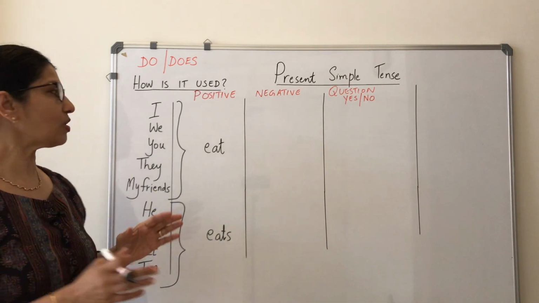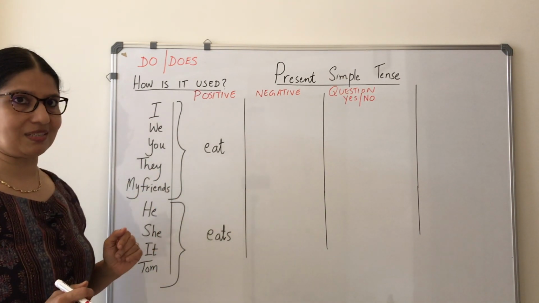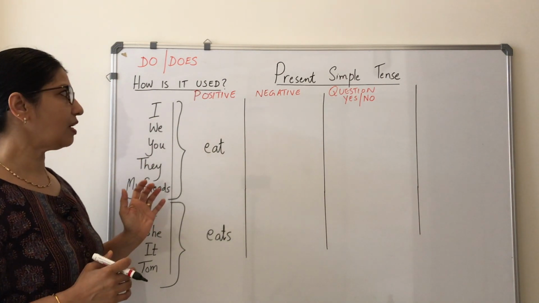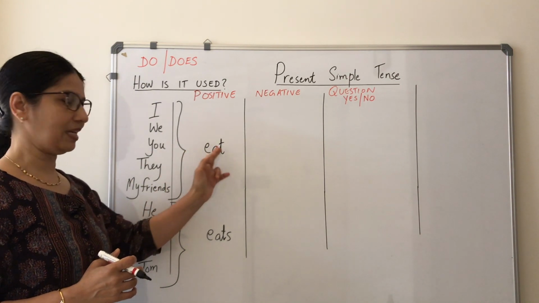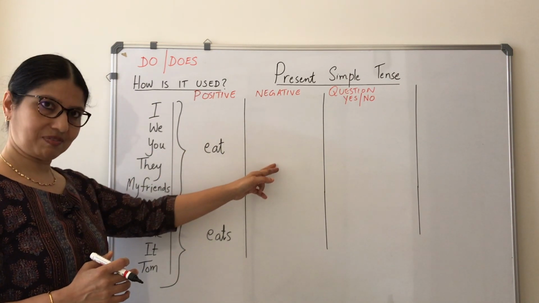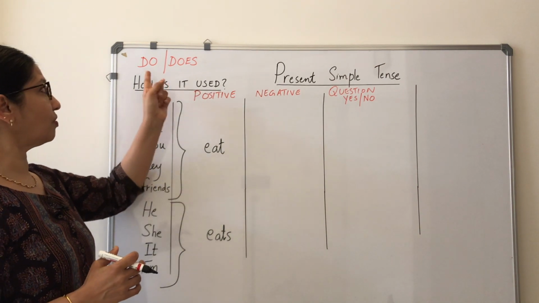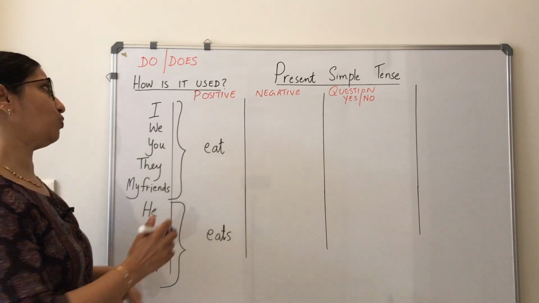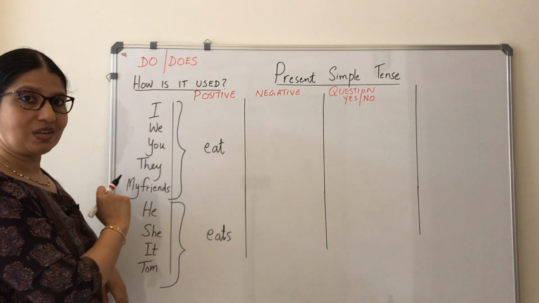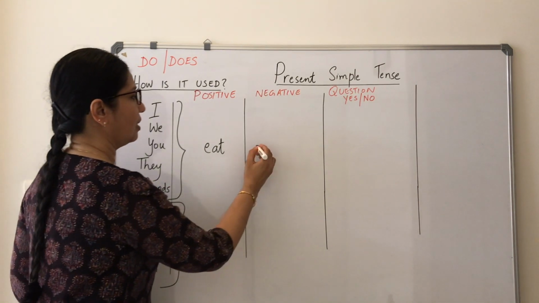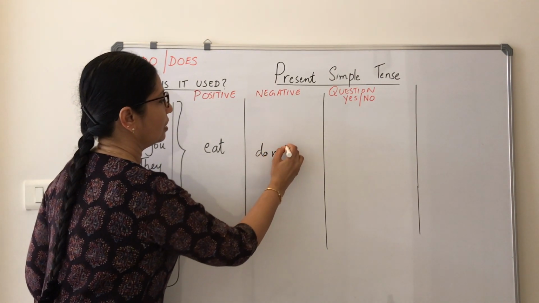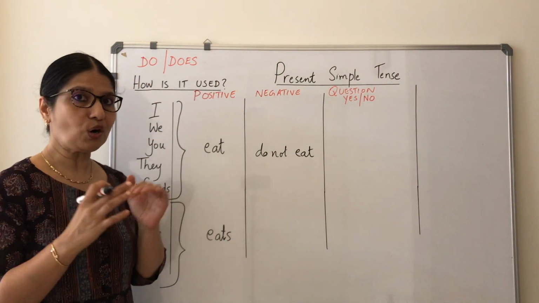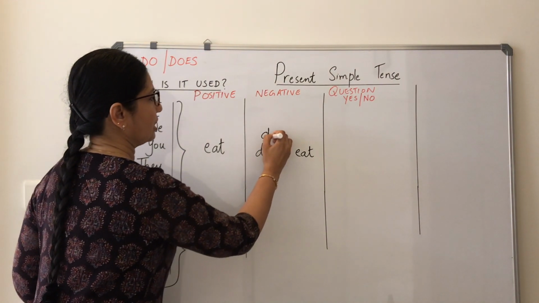Now let's focus on the plural subject. When we had I, we, you, they, my friends, or anything plural, how did we use the verb? Without S. So when we make the negative, should we take the help of do or does? Remember, here no S. So we will go for do. So what is the negative? We say do not eat, and the short form of that is don't eat.